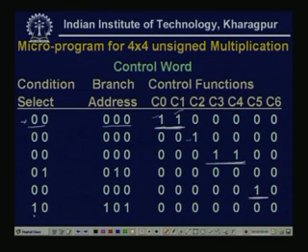If it is 10, the branch address is 101, because we go to address 5. So, this is a halt. This is a go to 5 instruction, and this is a go to 2.